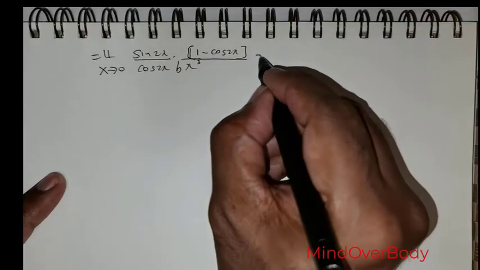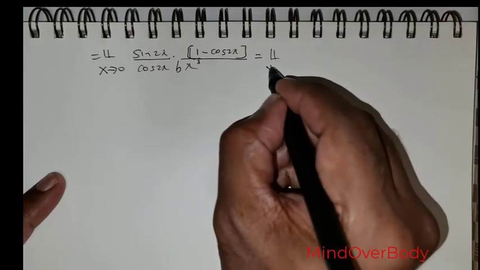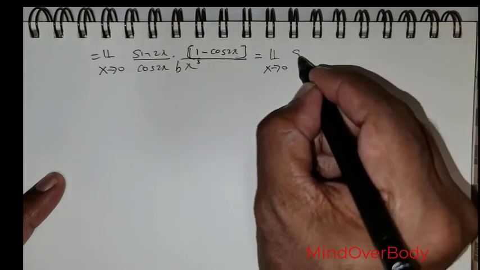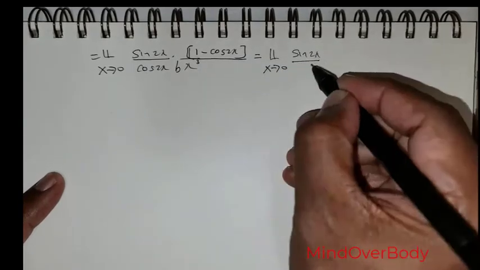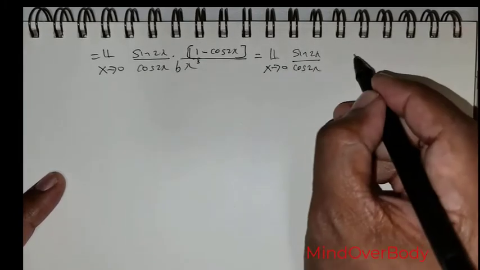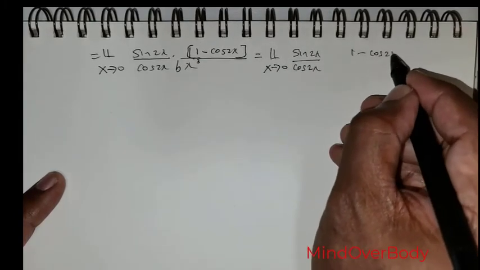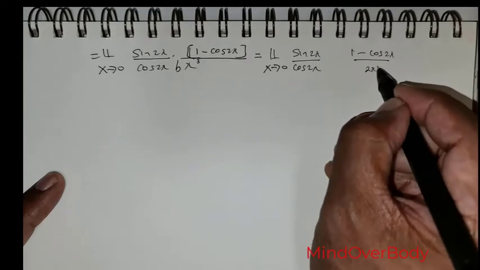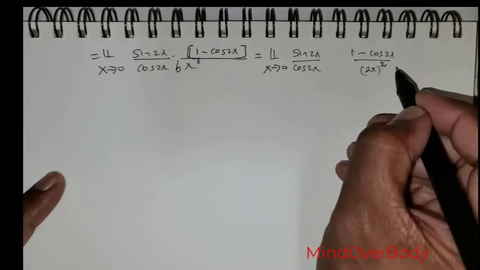What I'm going to do is rewrite this as limit x tending to 0 of sine 2x divided by cos 2x. Now I've got this 1 negative cos 2x. I would want to have a 2x raised to the power of 2.